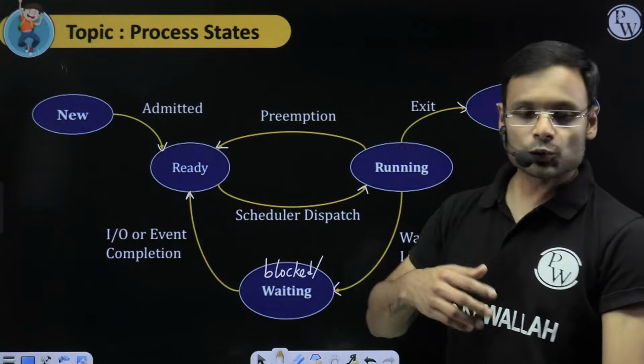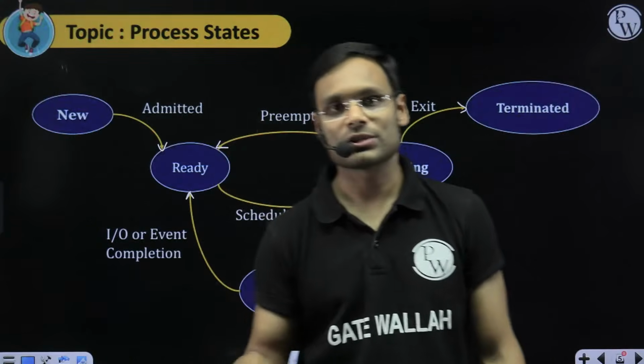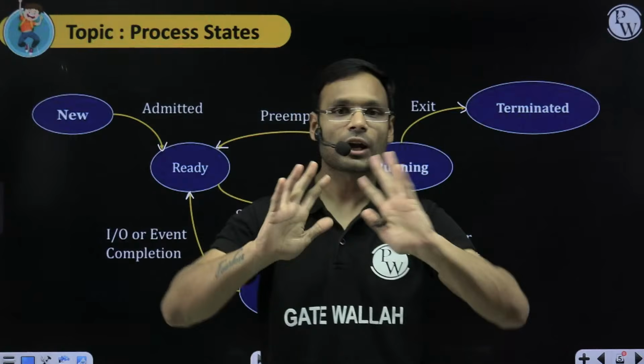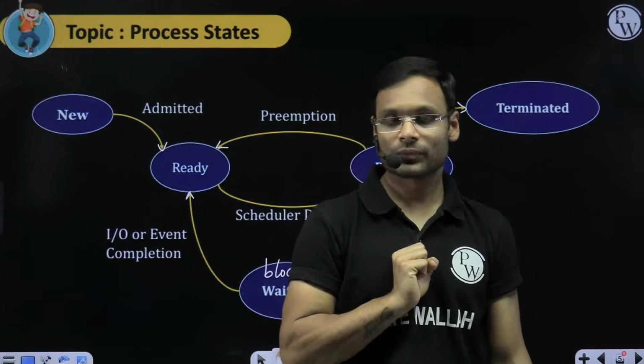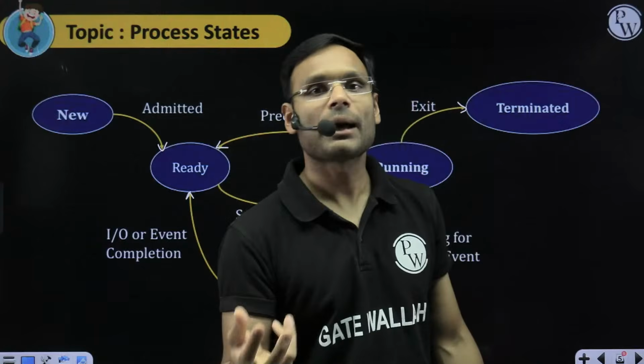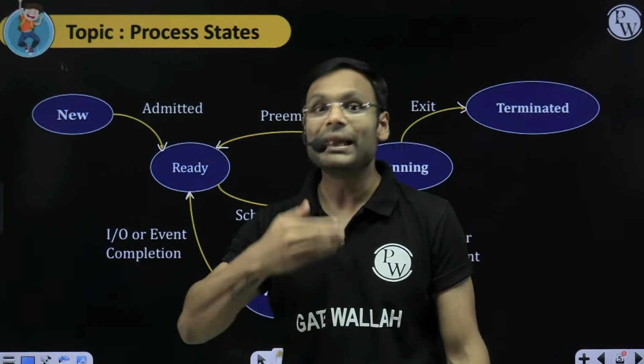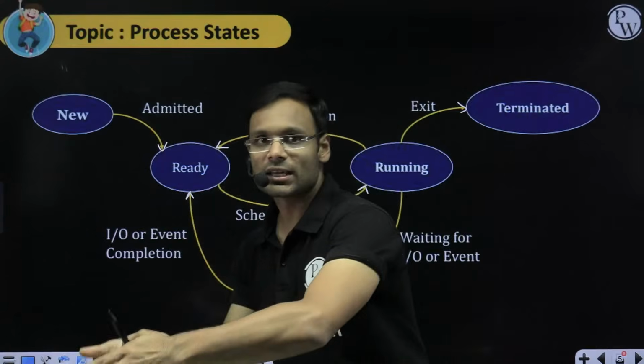So let's say there are many processes in the new state. Currently, we are not executing them. Among them, if you double click one of them, that process will be admitted. That process comes into main memory.